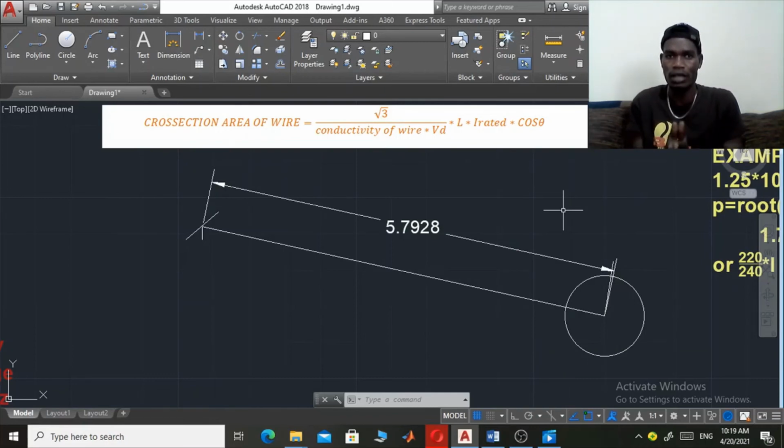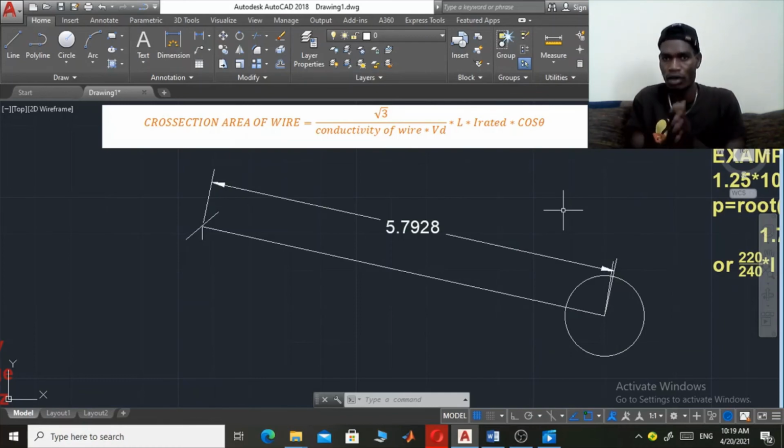We are taking power from one position or one area to another area. You have to determine all these things: the conductivity of wire, the voltage drop, the length, the rated current, and the power factor are the very important things. Let me repeat that. The very important thing in order to take power from one area to another area is, first, you have to determine the cross-sectional area in millimeters and in gauge.